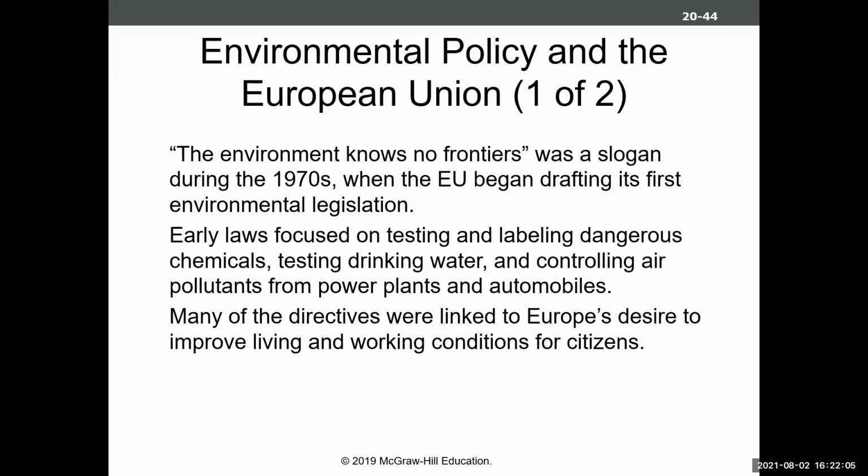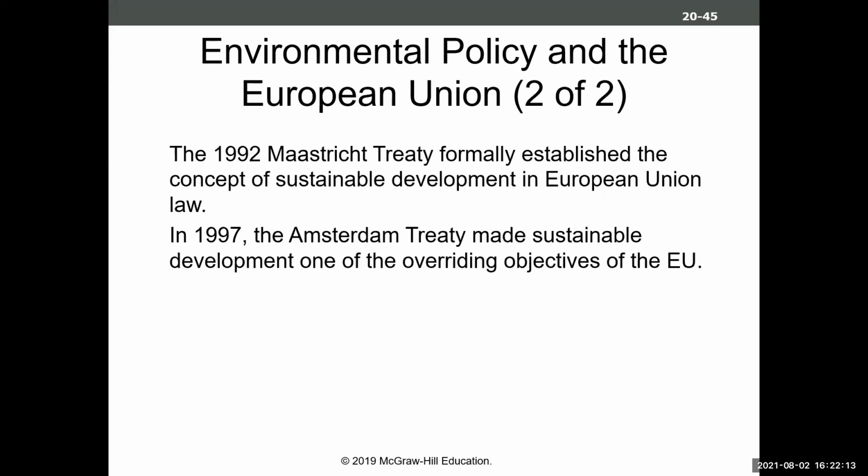And then a lot of the laws were aimed at trying to improve living and working conditions of people in the EU. Then we have the treaty from 92 that established sustainable development into law for the EU. And then the Amsterdam Treaty of 97 made sustainable development one of the overriding objectives.